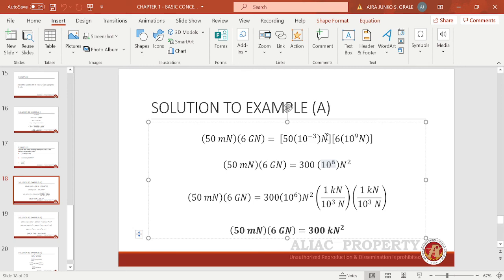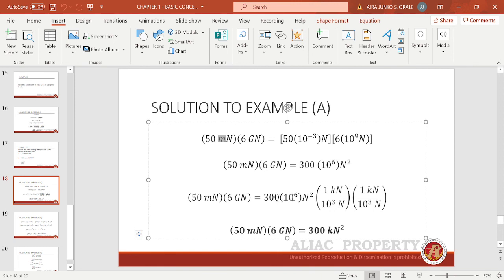You can just add or subtract the exponents. If it is divide, subtract. If it is addition, add. So minus 3 plus 9 is equal to plus 6. You can multiply this out, or you can just leave it that way, because you already removed those prefixes giga and milli. Then you need to bring it to the SI units, kilonewtons.